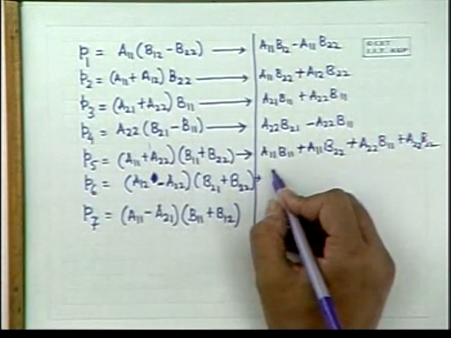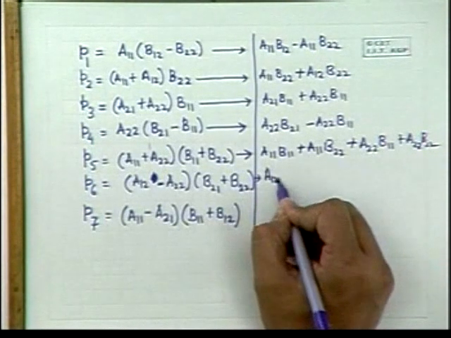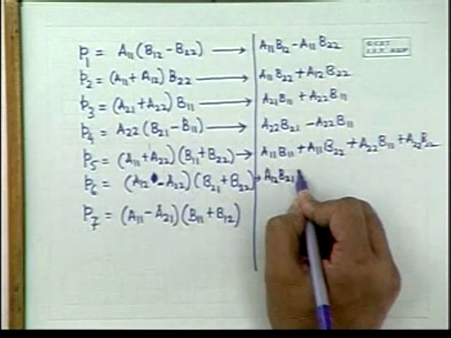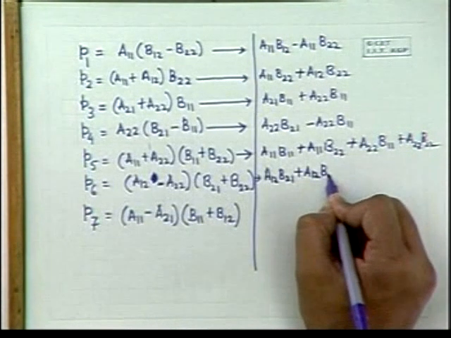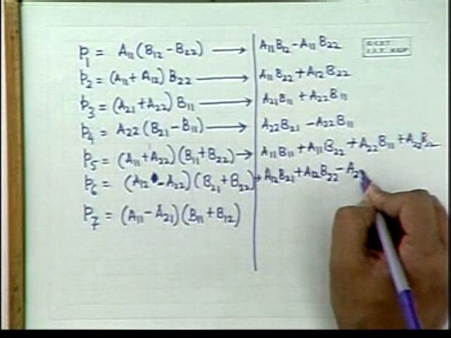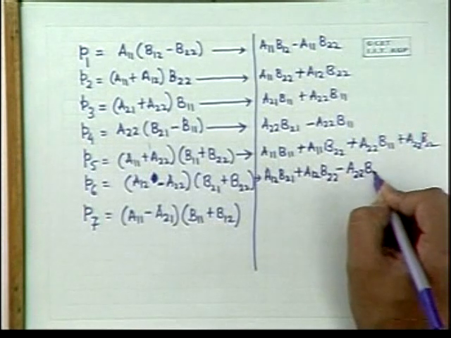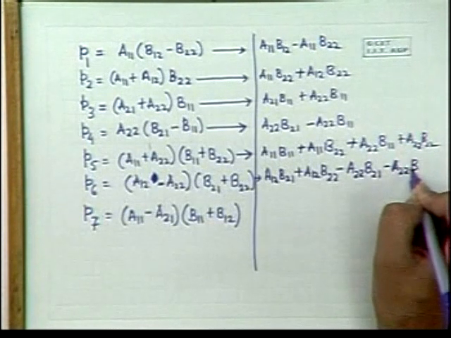P6 gives us A12 B21 plus A12 B22 minus A22 B21 minus A22 B22.